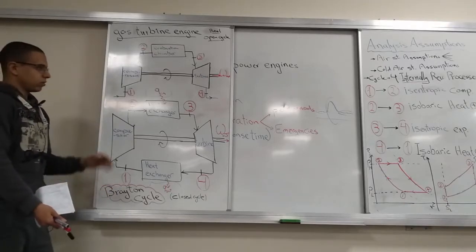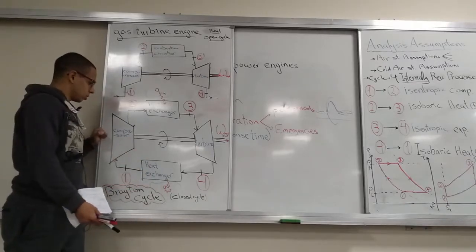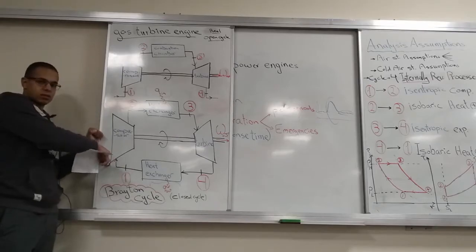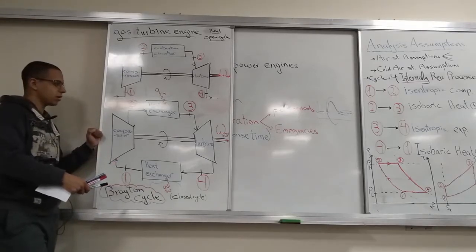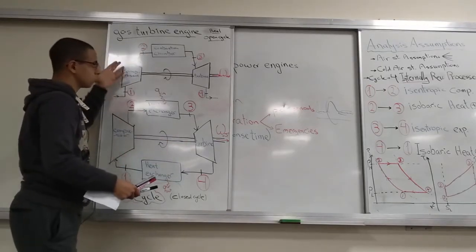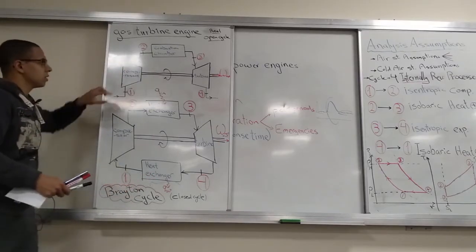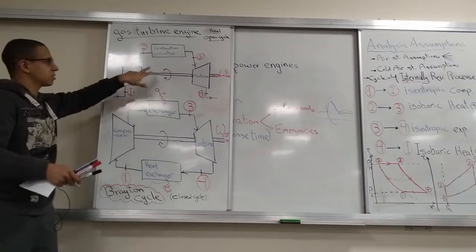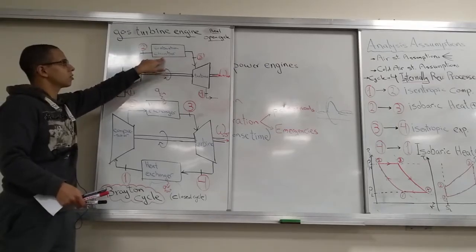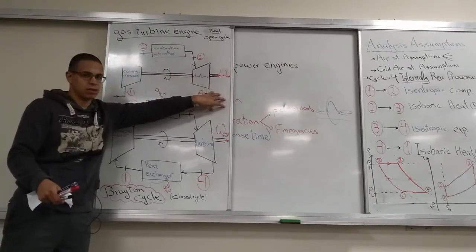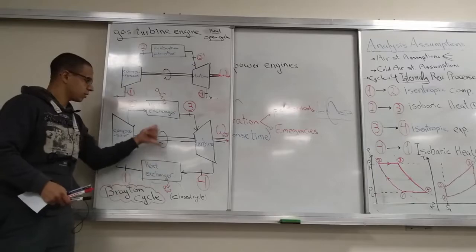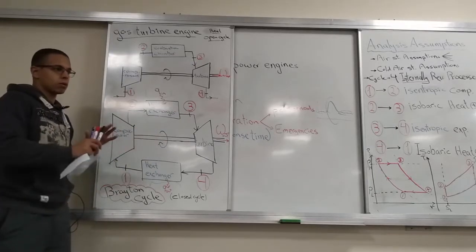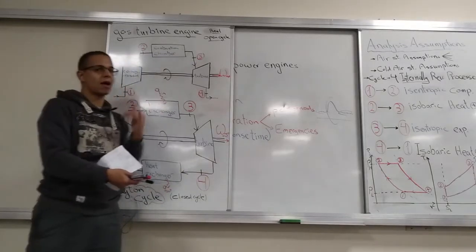The idealized one, which is intended to aid the analysis of the Brayton cycle, is a closed cycle, not open like this one. One of the main assumptions is that the combustion chamber and the exhaust stage are both replaced with heat exchangers. So the heat is coming from outside the cycle.